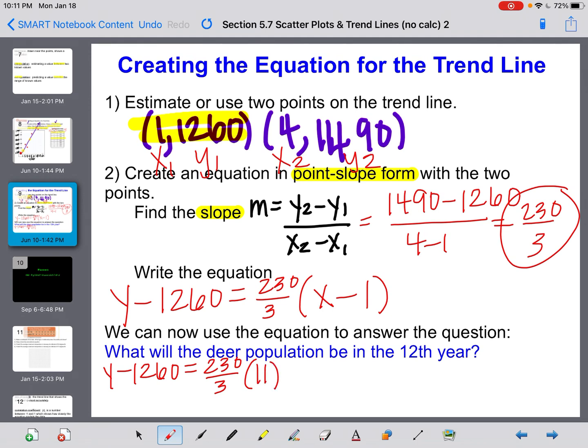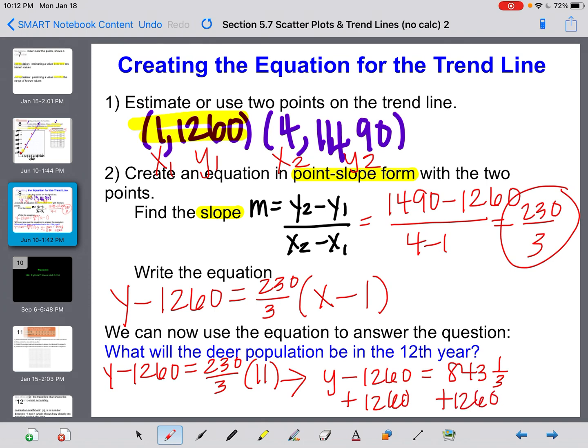Then on my calculator, I'm going to take my slope times 11, which gives me y minus 1,260 will be equal to 843 and a third. And I'm going to add this 1,260.